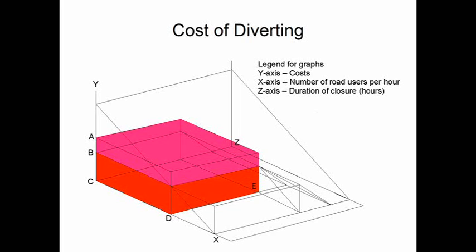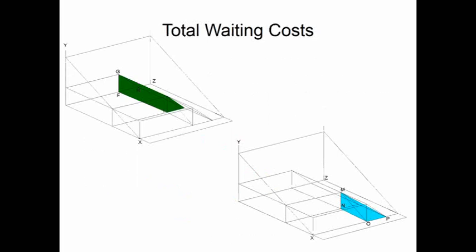So we're now going to take a look at the total cost of waiting. Waiting costs come in once we've got close enough to the opening time for vehicles to consider diverting not a viable option. Of course, if no diversion route is available, then waiting becomes a viable option from the very get-go, or if diverting is too long, or the closure is short enough anyway. It all depends, I guess, on how long the diversion route is and how long the closure is.